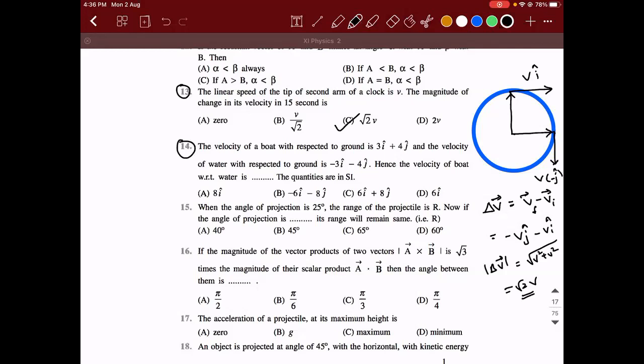The velocity of a boat with respect to ground is 3i cap plus 4j cap, and the velocity of water with respect to ground is minus 3i cap minus 4j cap. Hence, the velocity of the boat with respect to water is how much? This you guys can do it fast.